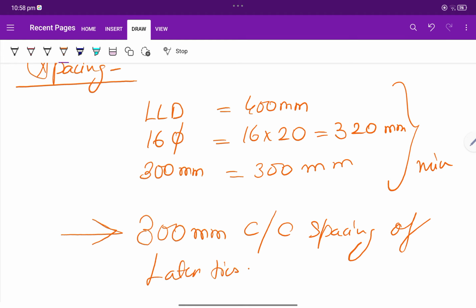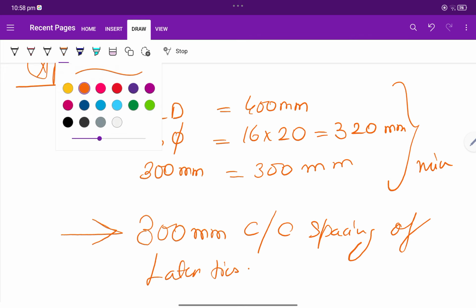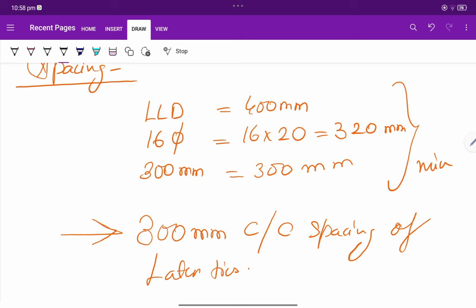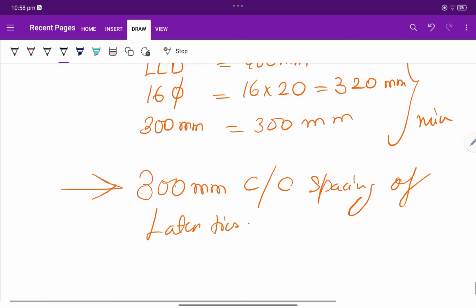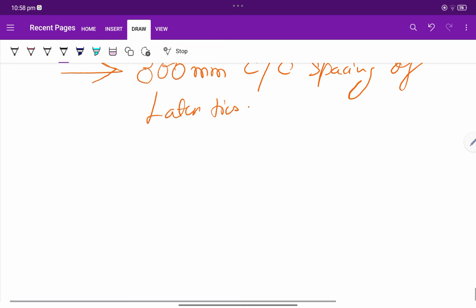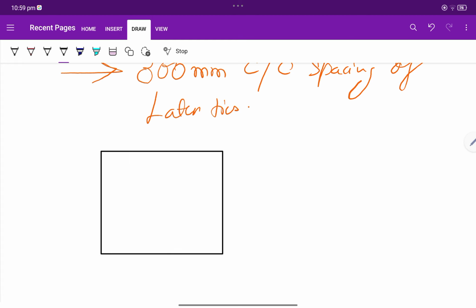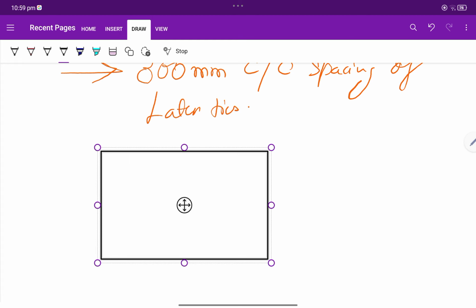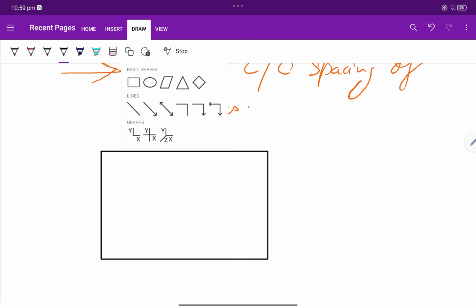So now we will do our detailing. Previously we have seen that we have to do the detailing, so let's see. Let's say this is our column cross section.